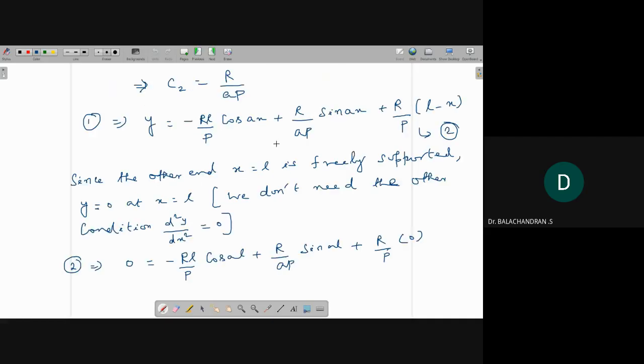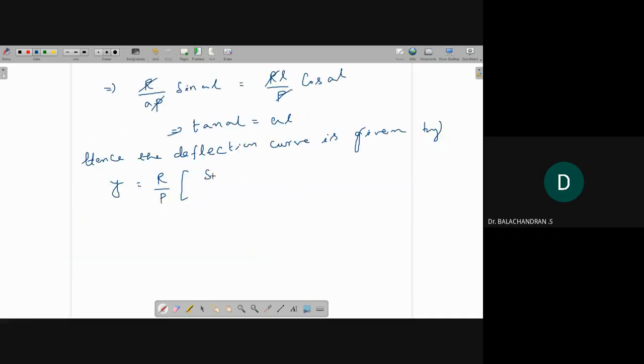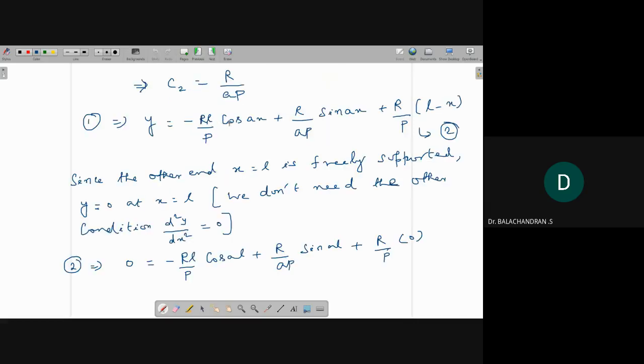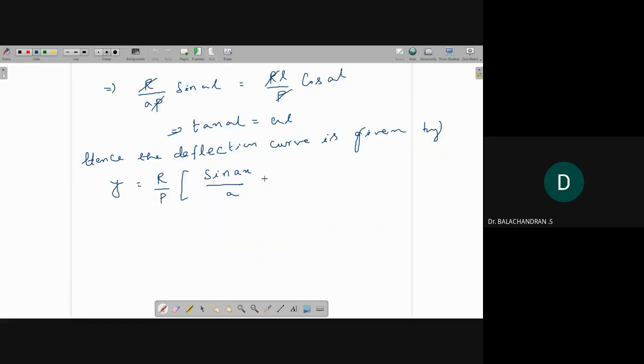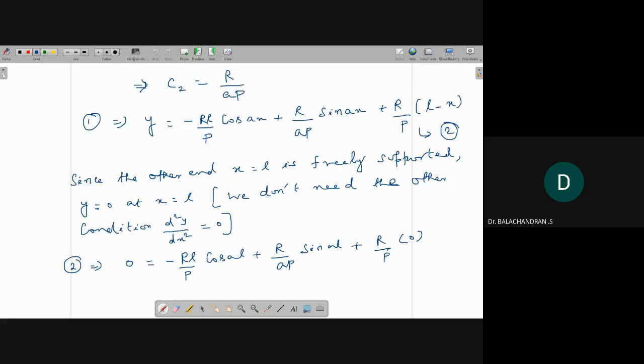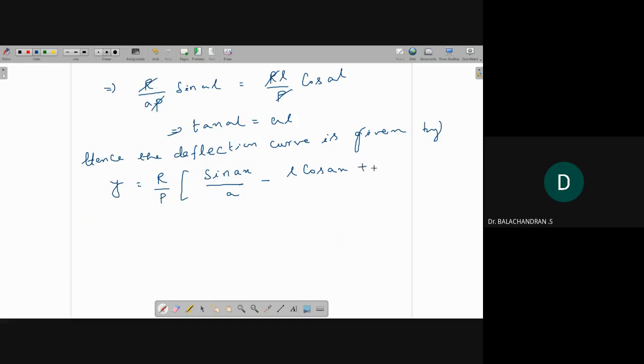Sin AX by A, and then minus L cos AX, and then plus L minus X. So this is Y, where AL equal to tan AL.